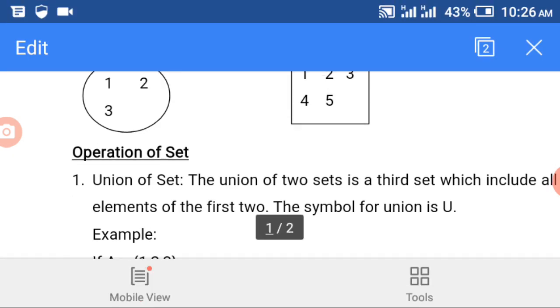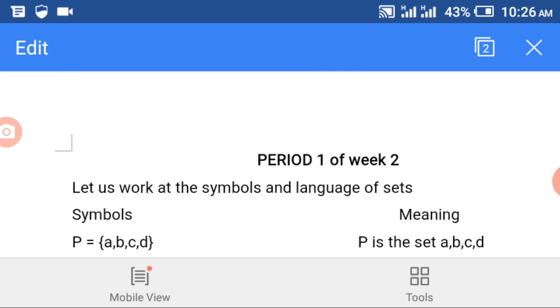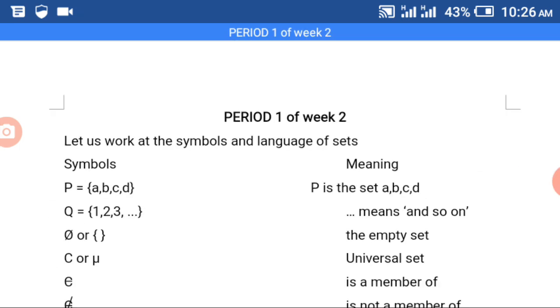So, what we have done so far is we have looked at the symbols. But before we move on, let me ask, have you understood? I think you are getting what I'm trying to pass across about the union of sets.